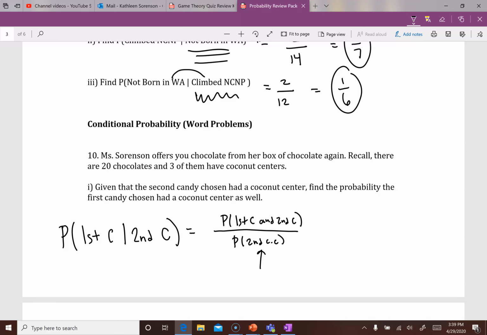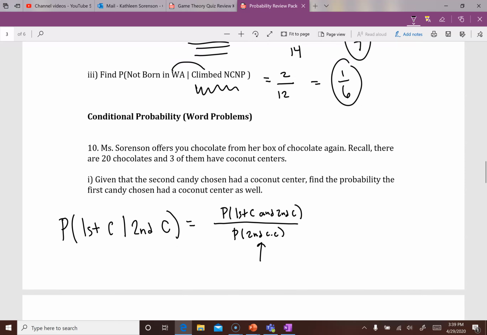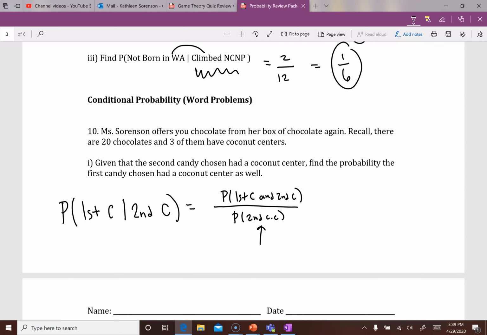Well, what is the likelihood of getting second coconut? You've got 2 options for that. You've got no coconut, coconut, and you could also get coconut, coconut. So there's going to be 2 probabilities there. Let's deal with the first one first. What's the probability of getting first coconut and then second coconut?